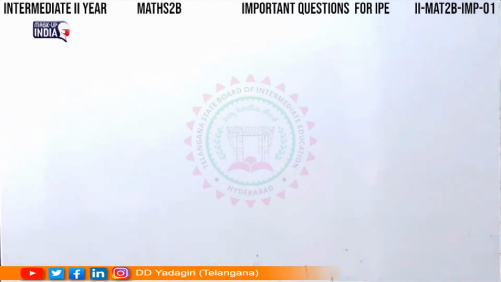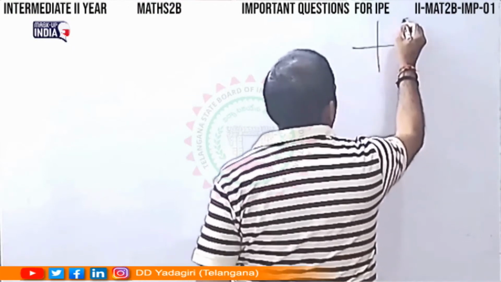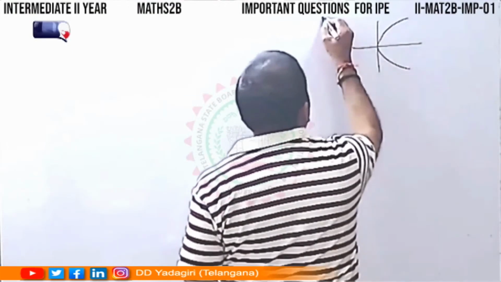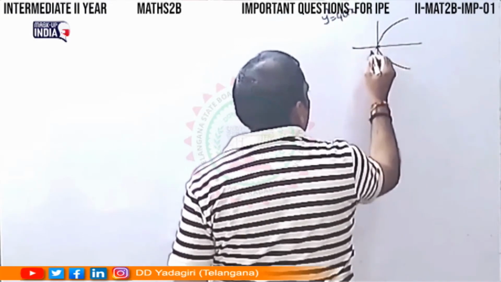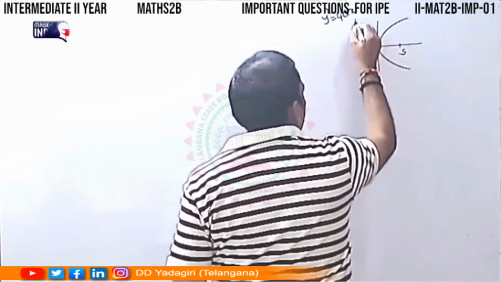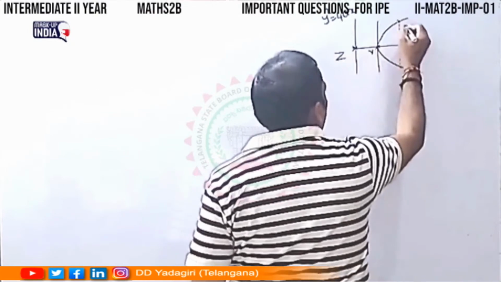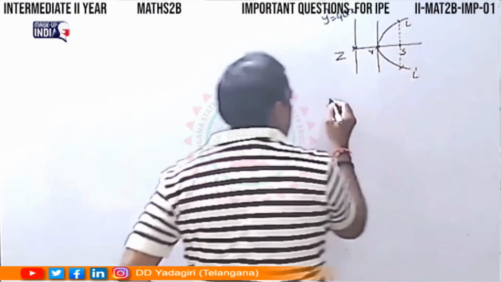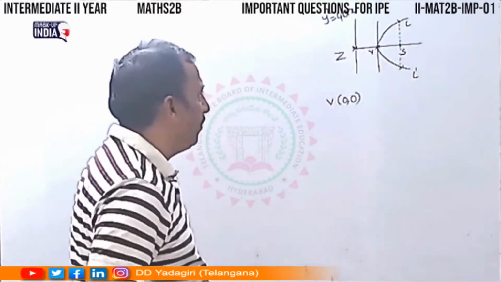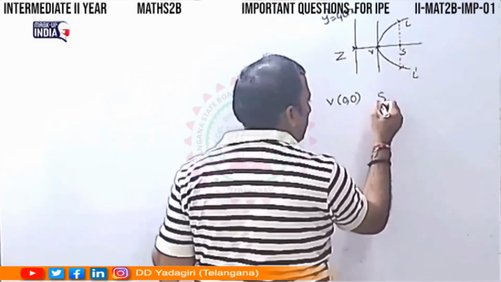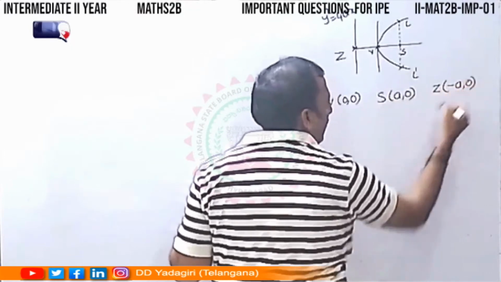Quickly write down some points and also draw the figures. This is y square is equal to 4ax. Vertex (0, 0). Focus (a, 0). Z is (minus a, 0).